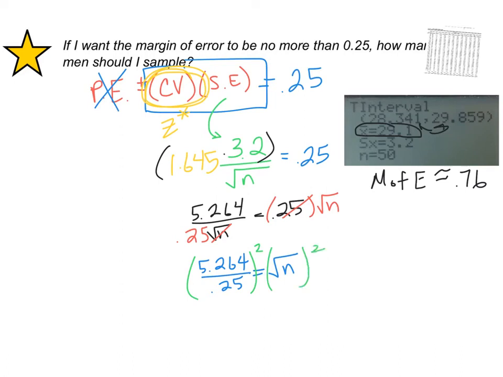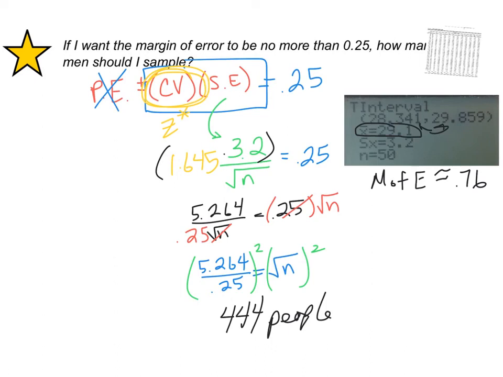And remember also that you get here an answer of 443.35, but we always round up because to go down would not ensure the margin of error we want. So always round up regardless of the decimal. So 444 people, or men, I guess.